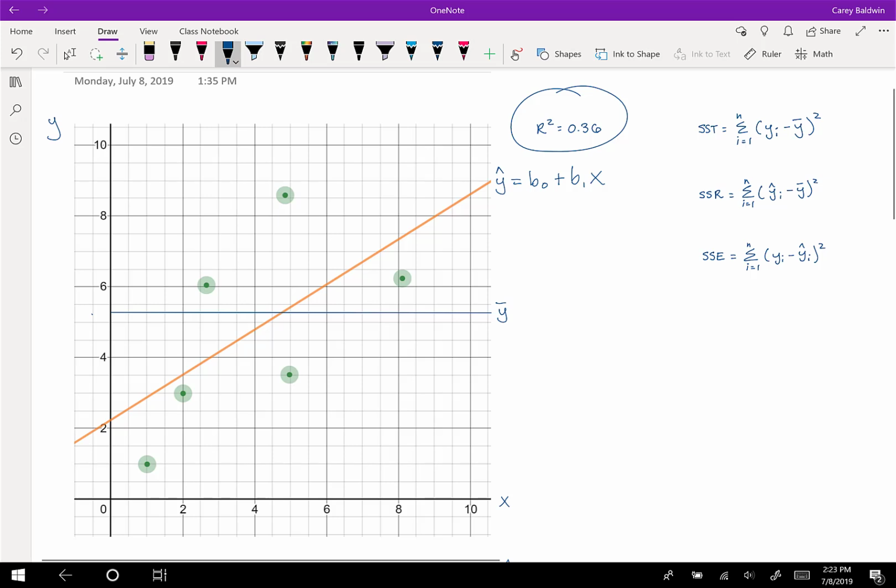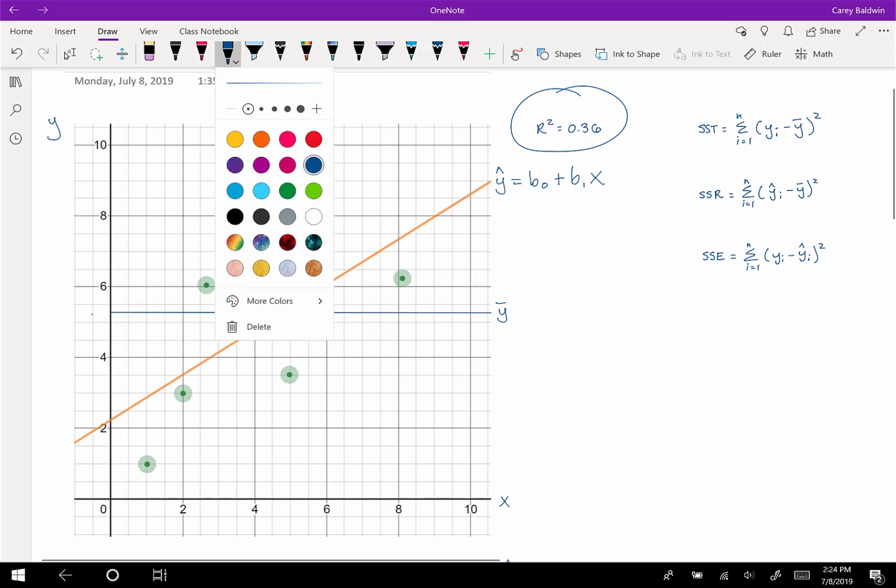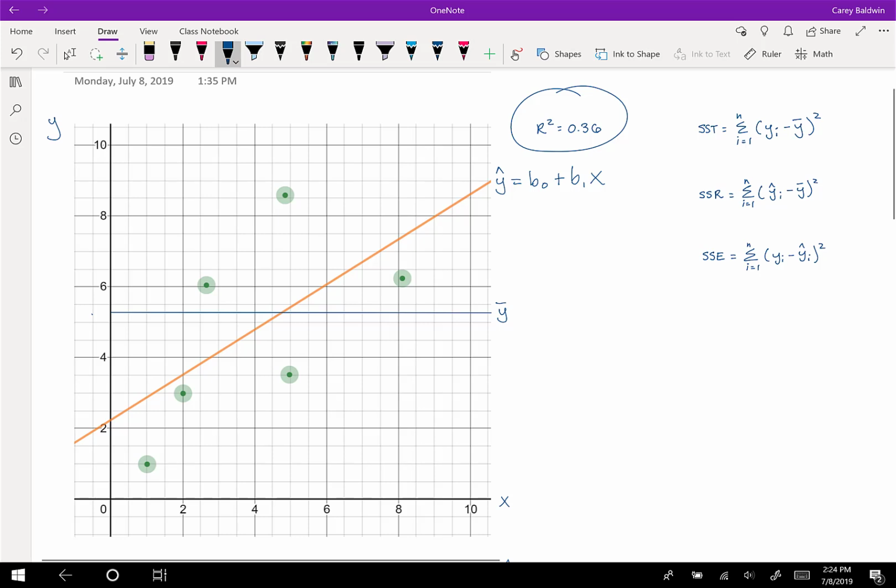In statistics we have various sources of variation, and I wanted to break down those sources of variation in a way that I think will make some sense to you. In your book, you've seen this before in analysis of variance. You see something called SST, sum of squares total, and it's represented with this formula here.